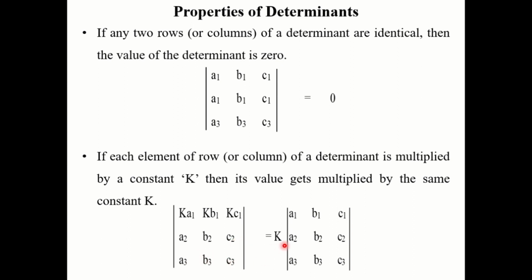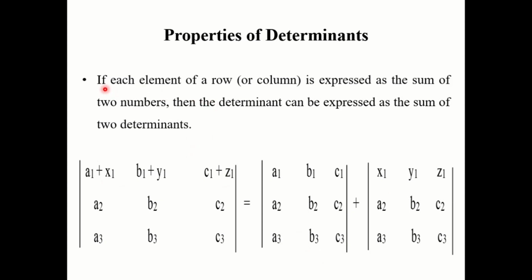We can write k as a constant outside the determinant, and the remaining determinant is A1, B1, C1, A2, B2, C2, A3, B3, C3. That is, if each element of a row or column of a determinant is multiplied by a constant k, then its value gets multiplied by the same constant k.